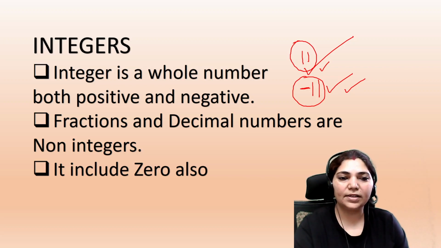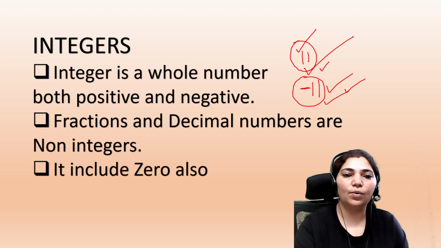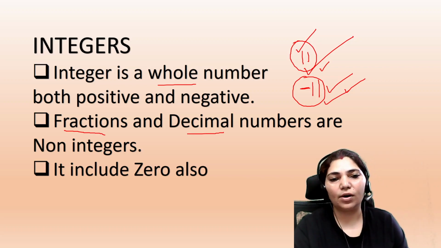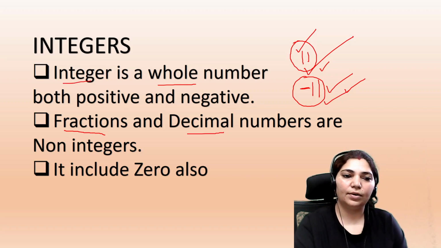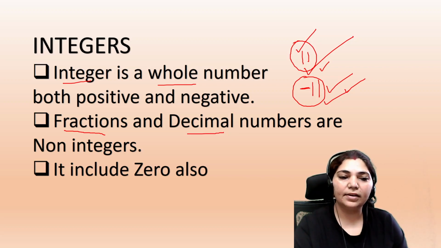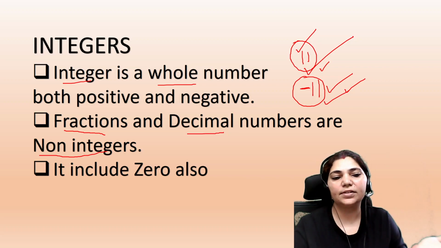So a number can be positive, a number can be negative, but it should be a whole number. It should not be a fraction, it should not be a decimal. Then only we can call it an integer. Now, if the whole numbers are integers, then fractions and decimals are non-integers. We cannot call them integers.